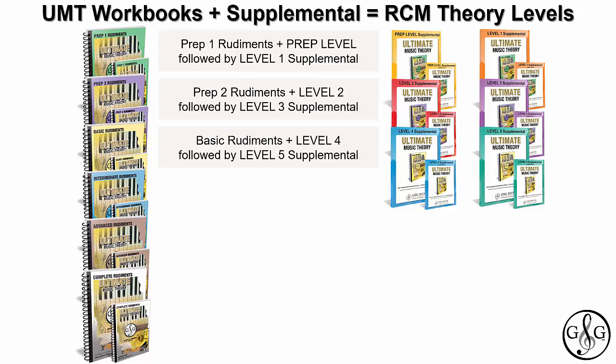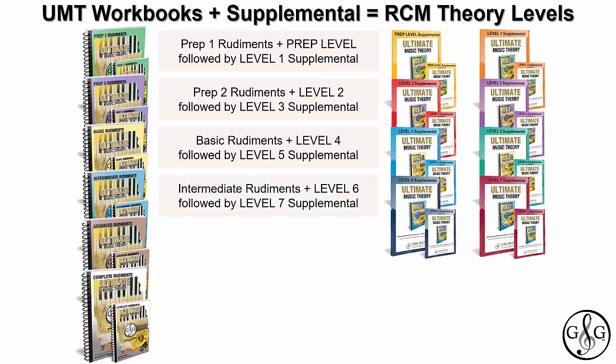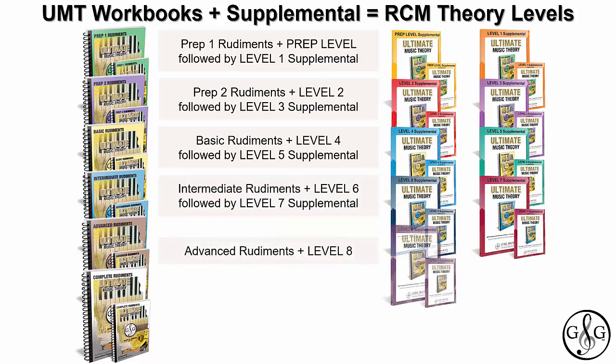Intermediate, and by the way, Level 5 is the first level that has theory exams with RCM. Intermediate is used with Level 6 followed by Level 7, and then finally Advanced is used with Level 8.